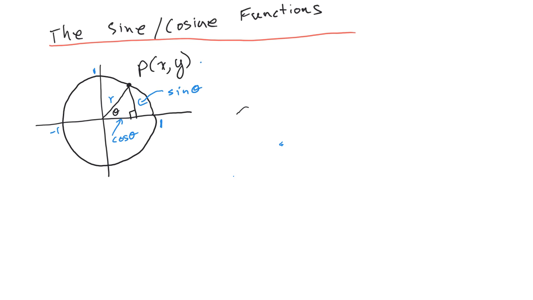So basically, for any angle on the unit circle, for the x-axis you have cosine of theta and for the y-axis sine of theta. Now, the reason why we're looking at this is because this gives us a special identity that we can use in mathematics.